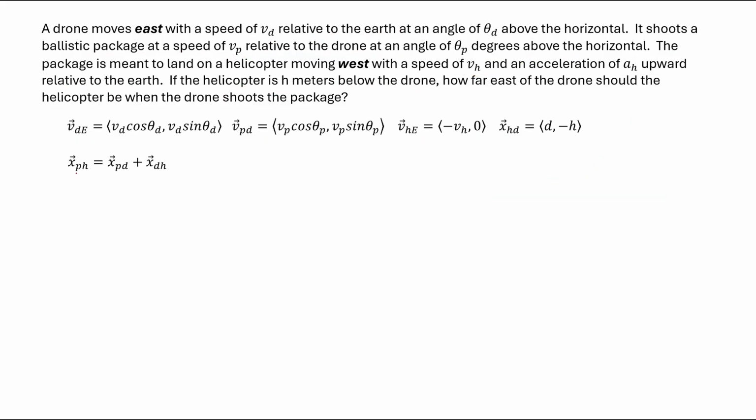So I need the position of the package relative to the helicopter, and our rules for relative velocity are if I want P the package relative to the helicopter, I need two things on the right side, and the first index I write should be a P, and the last index I write should be an H. The index that goes between, in this case D, has to be the same index, and it doesn't matter what index it is. I could have put the Earth there, for example. The reason I put drone here is because I already have a V_PD.